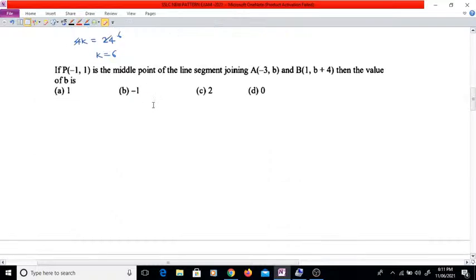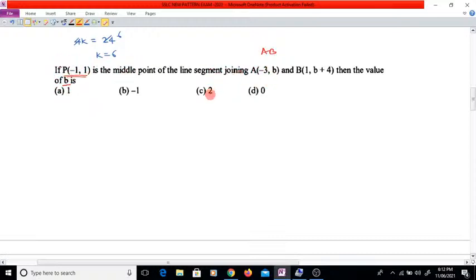So next one. If P(minus 1, 1) is the middle point of the line segment joining A(minus 3, b) and B(1, b plus 4), then we have to find the value of b. So this point P is the middle point of the line segment AB.